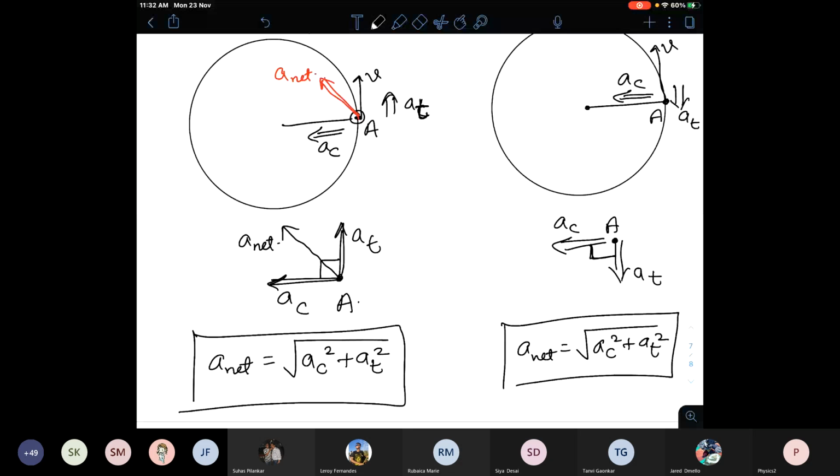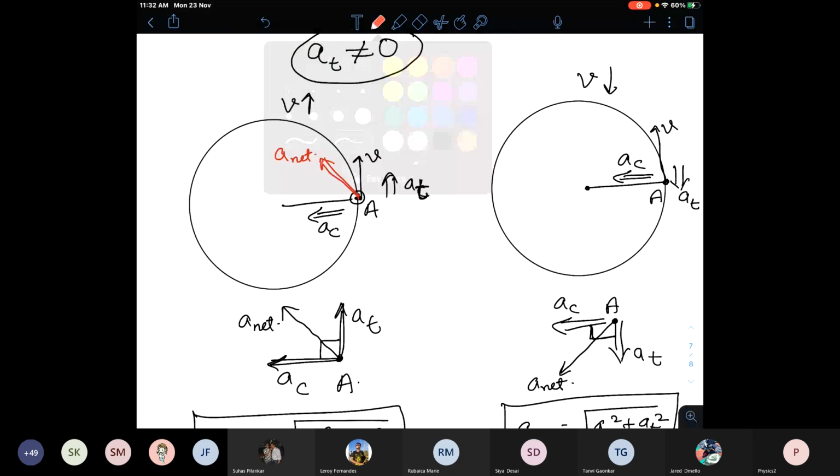So if I draw it in the circle, it would be better to understand that net acceleration will be like this. What is the difference? The difference is the angle made by the net acceleration and velocity.